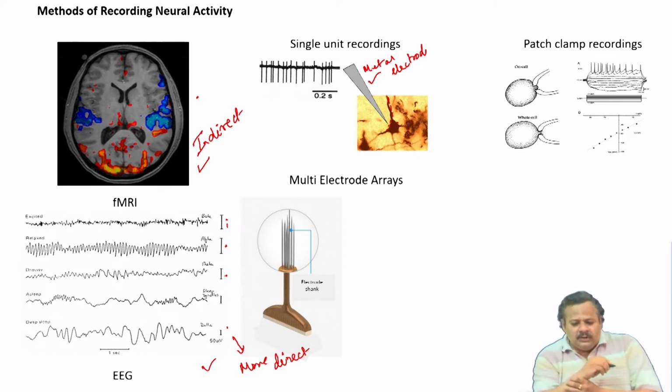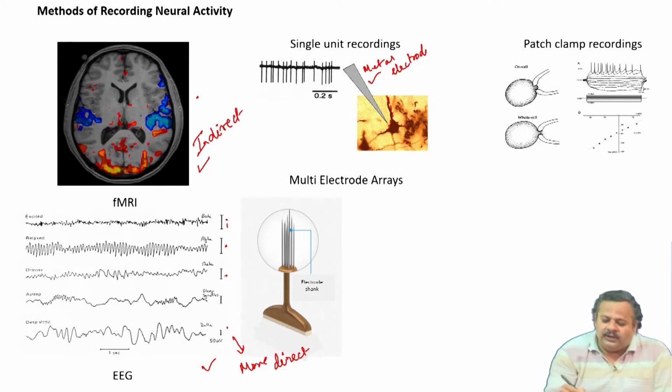So if we happen to be close to a neuron, we may record extracellularly. This electrode tip is outside the neuron, and in the extracellular medium very close to the neuron cell body, there is a signature of the spiking activity, and that is what is reflected in the spike train that is observed here.